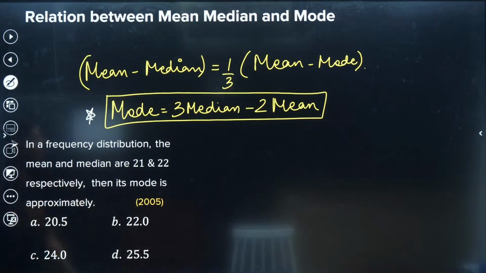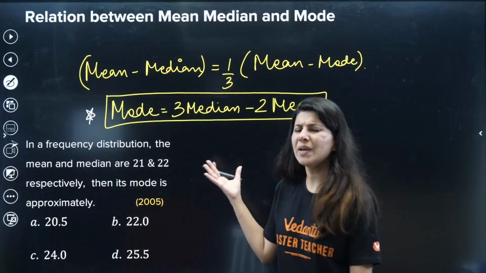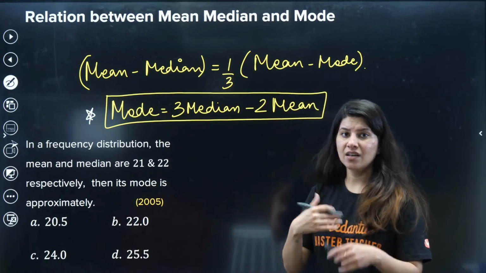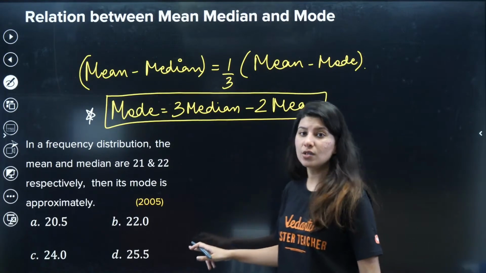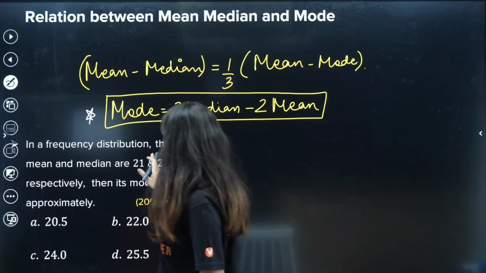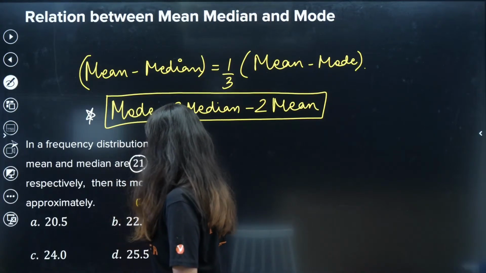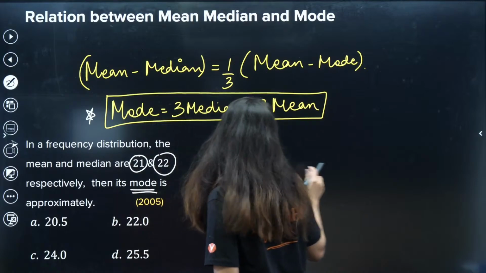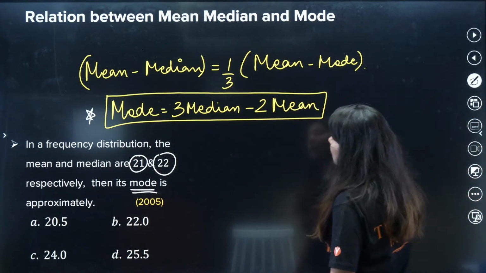So in this question, which was asked in 2005, basically not many such questions are seen in recent years. I've got one question from 2005 which says a frequency distribution, mean and median are given. Then we need to figure out the mode approximately. So how to solve it?